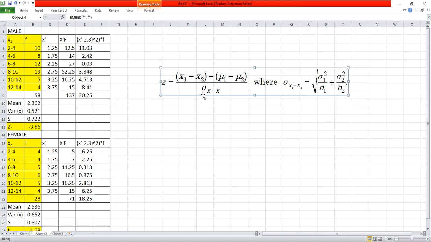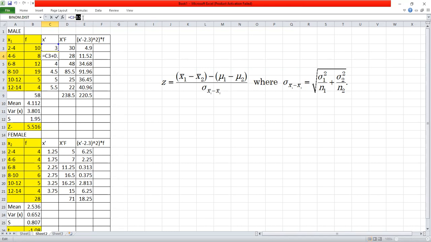So now we know what these things mean. X bar 1 means that we must calculate the arithmetic mean for males. We just pick this and do this: 2 plus 4 divided by 2, then add 2, and so on for all.